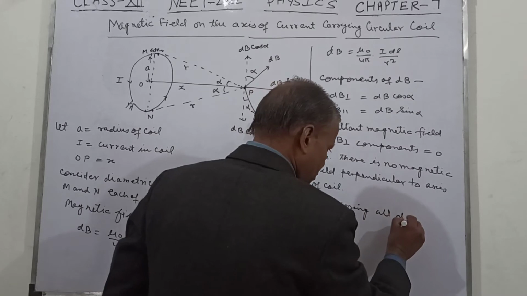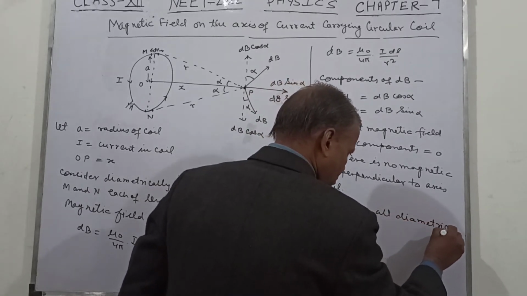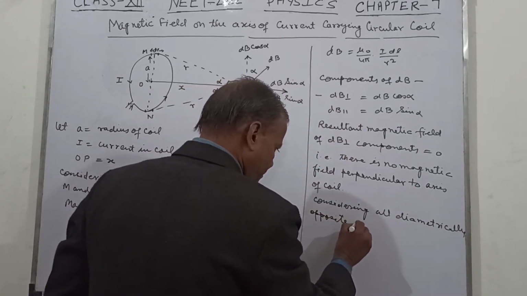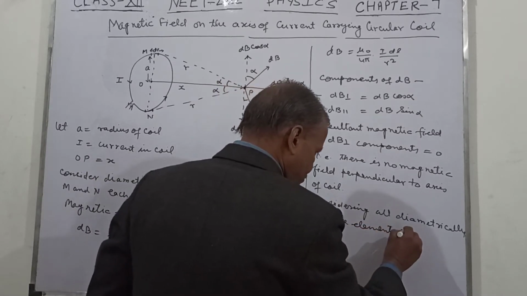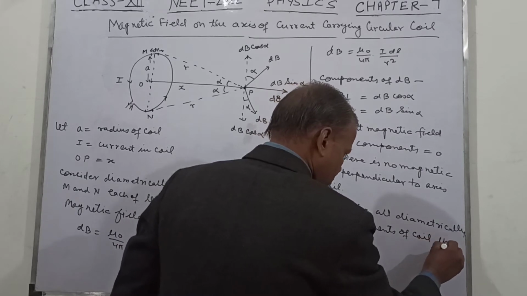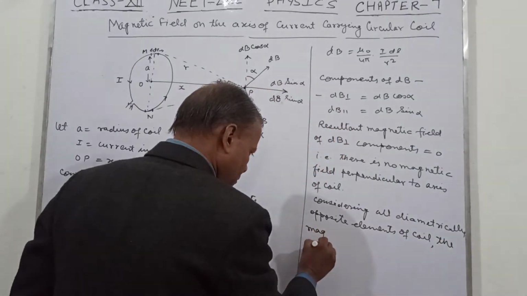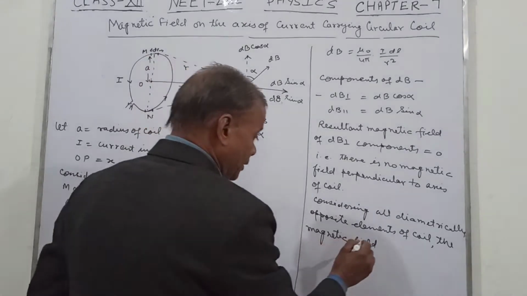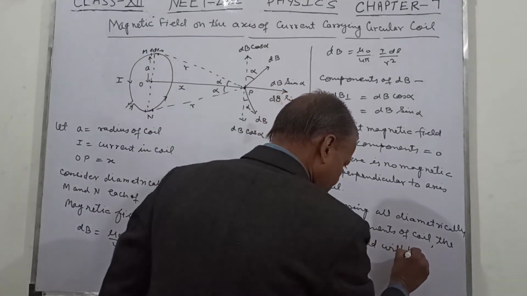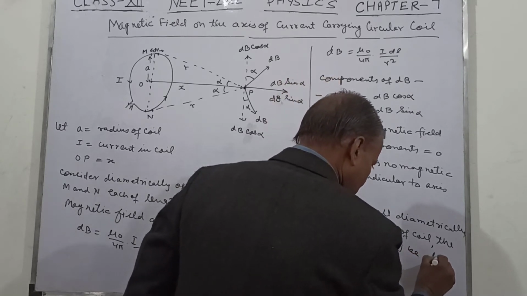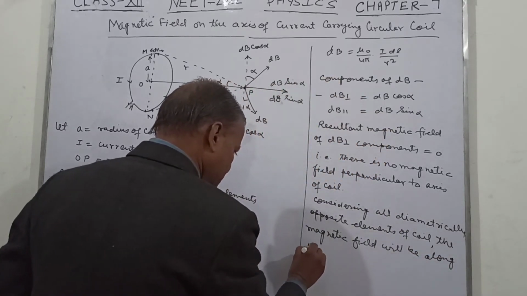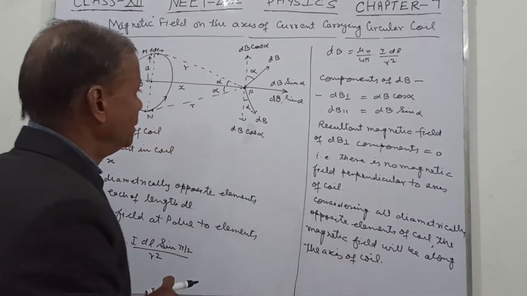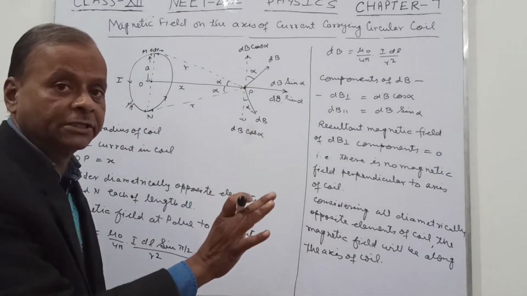Considering all diametrically opposite elements of coil, the magnetic field will be along the axis of coil. इसका मतलब क्या है कि अगर यहाँ मैग्नेटिक फील्ड निकाले तो इन सब का सम कर दें.